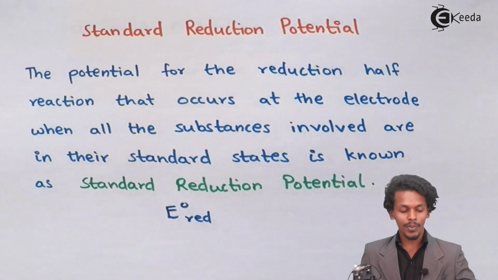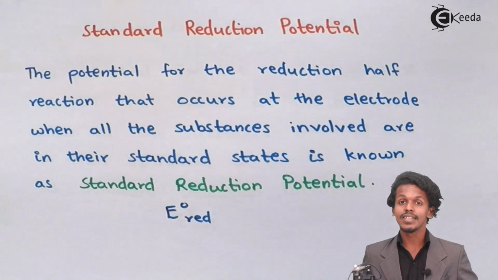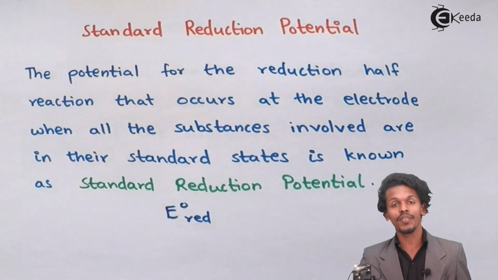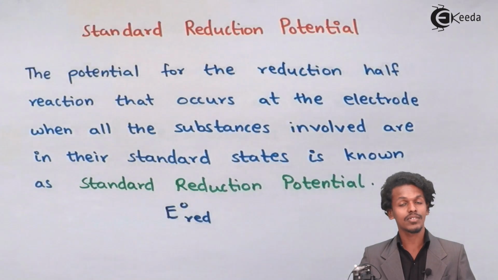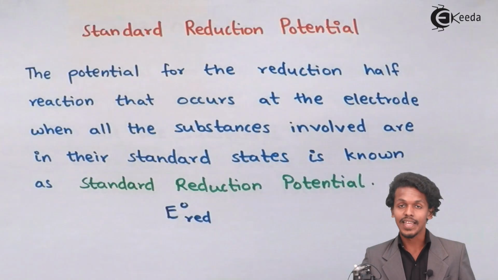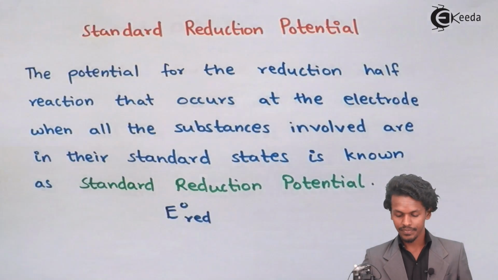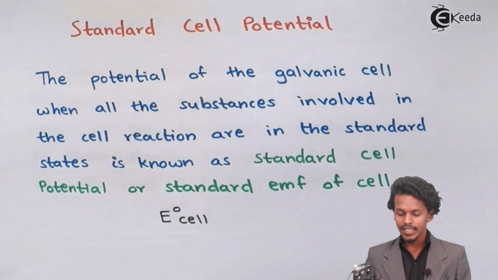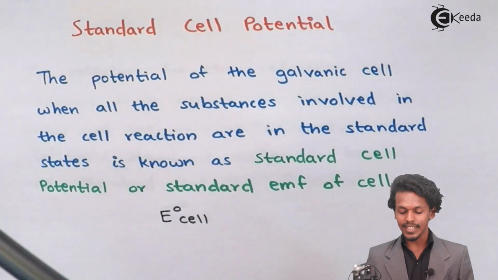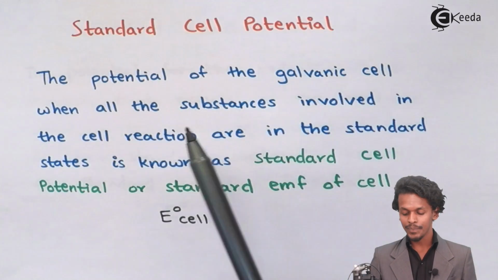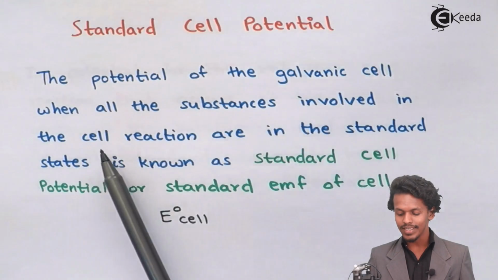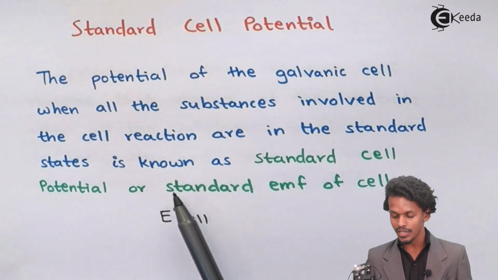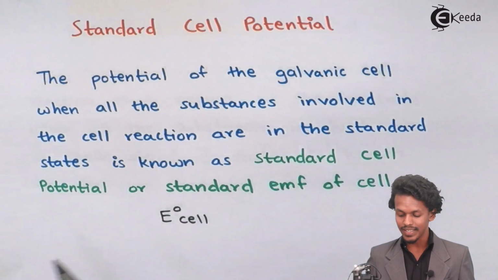So now let us talk about what would be the cell potential. Reduction potential of a particular electrode and oxidation potential of a particular electrode have been discussed. Now let us talk about the standard cell potential. What would it be? So again, the standard cell potential is nothing but the potential of a galvanic cell when all the substances involved in the cell reaction are in standard states, and it is known as standard cell potential or standard EMF of a cell.